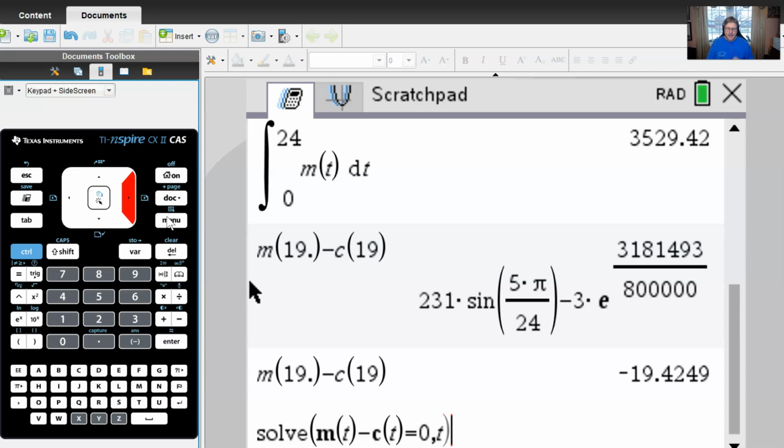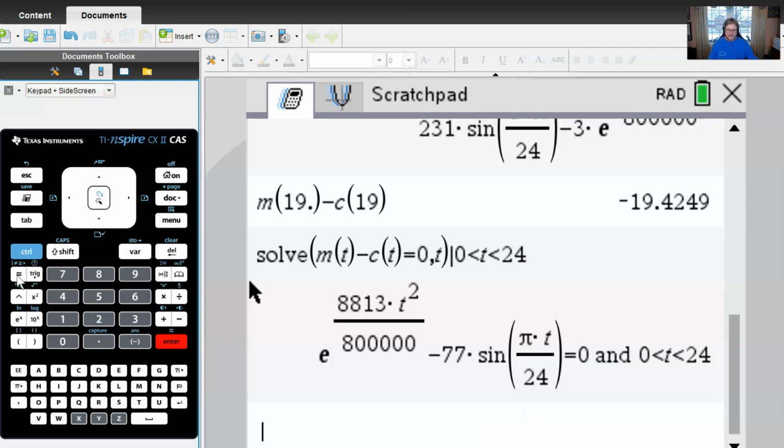And then I would also suggest that we tell the calculator we're only interested in values of t between 0 and 24, because that's the only time that kids are even posting memes.